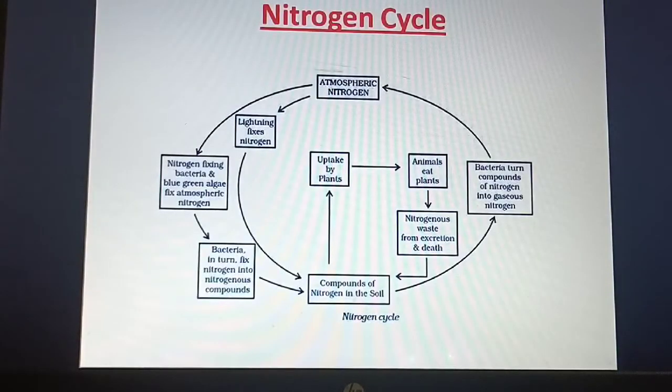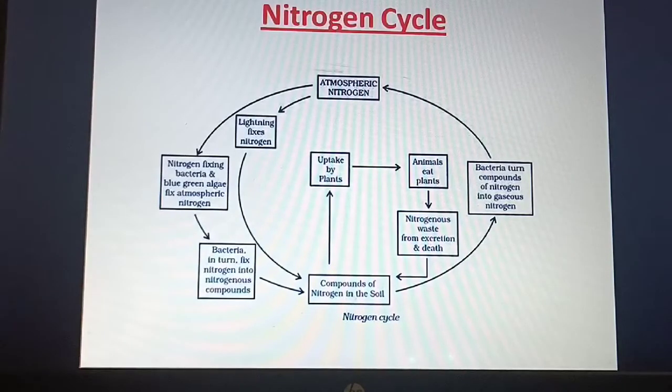Next we will see nitrogen fixation. Before we see the nitrogen cycle, we will see what nitrogen fixation is. You may have heard about the bacterium Rhizobium. Where is it involved?